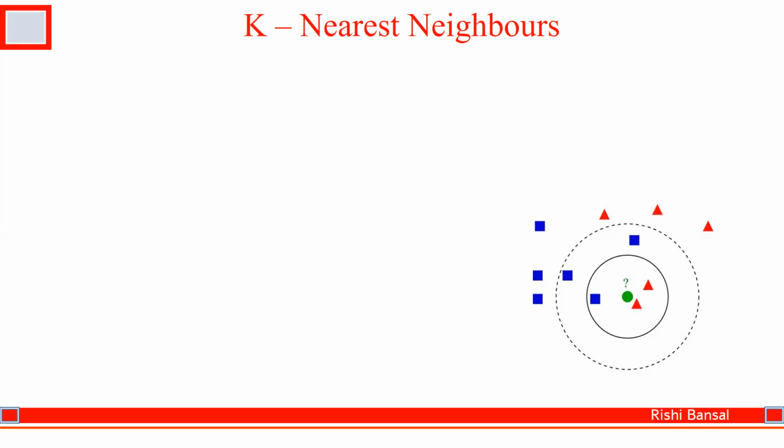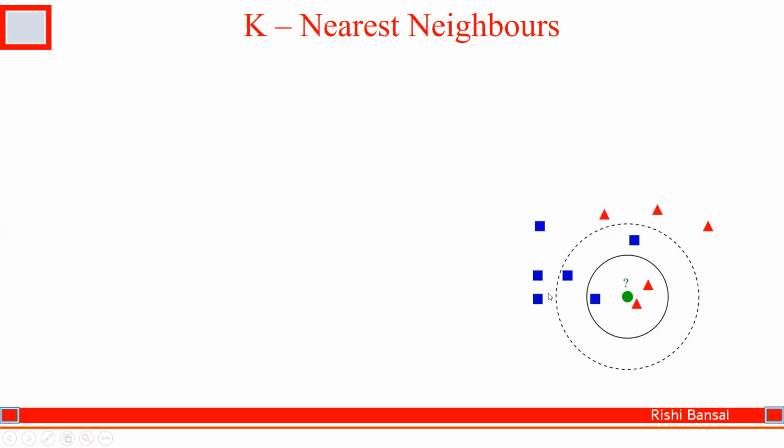So there are two categories, which category will it fall into? In k nearest neighbor, k is a number you define, based on how many neighbors I am going to predict for a new reading which category it will fall into.